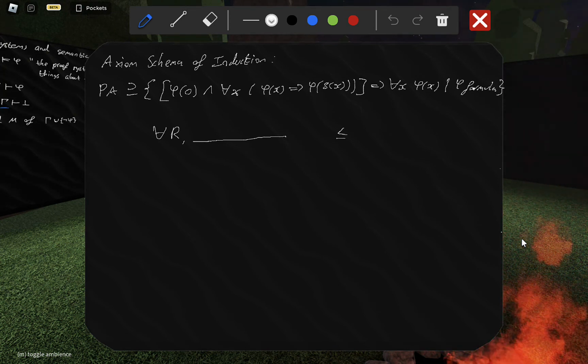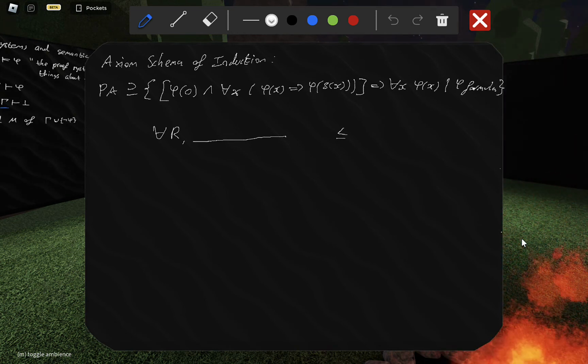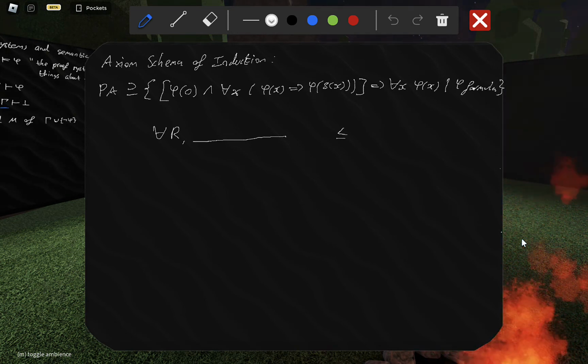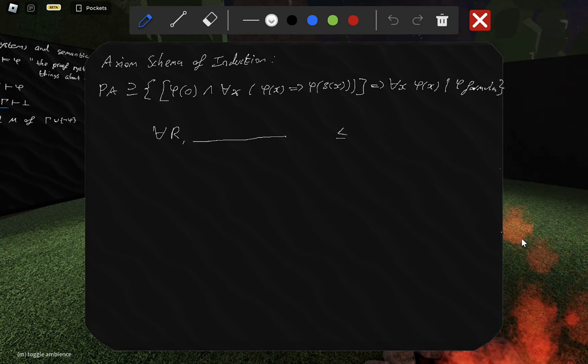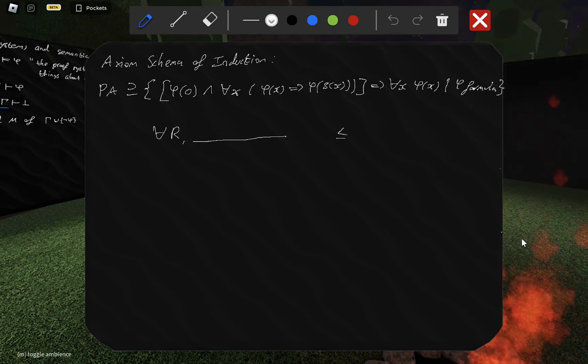Yeah, so the comprehension rule is only able to derive the existence of a relation when you can prove a first order example of a relation, something that can be expressed with a first order formula.